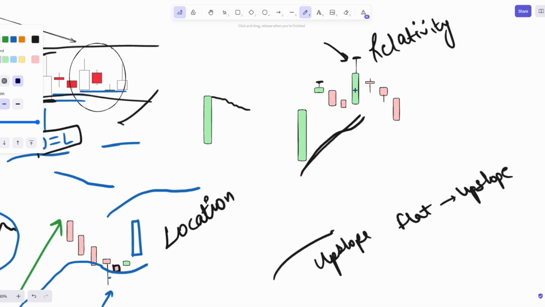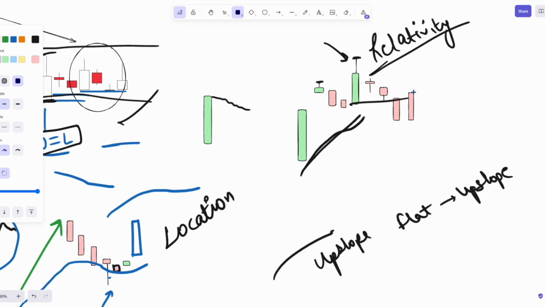But this one is further taking the price away from the upsloping moving average because it is the part of the expansion now. And that will make the relativity kick in, and this will be breached and won't work. Then you will see there is another candle, which is green in color.